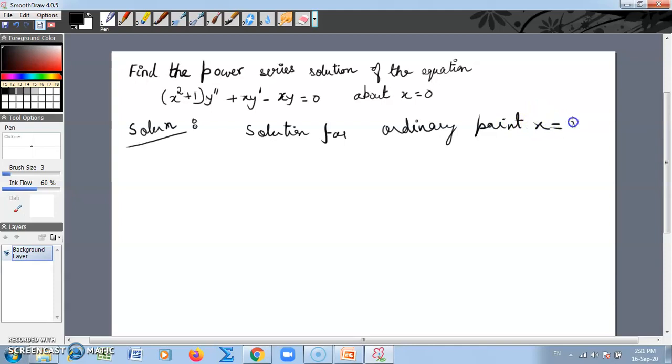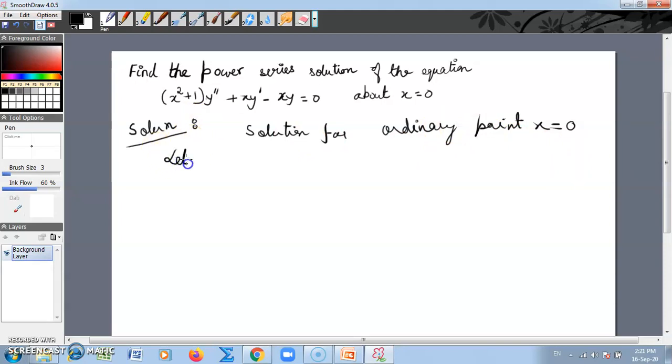Just to remind you how to find whether it's an ordinary point: we put the equation in the form y double dash plus p(x), a function of x, multiplied by y dash, plus q(x), a function of x, multiplied by y, and then we find whether p and q are analytic at x is equal to 0 or not. That way we find the ordinary point. I have left out the part proving that this is an ordinary point.